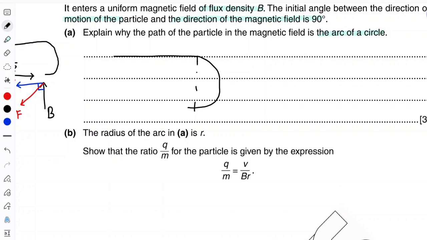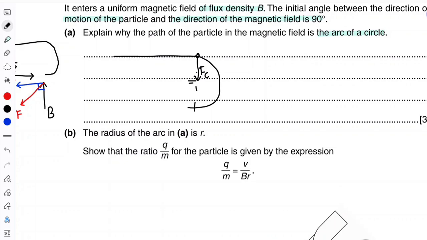There will be a force on the particle that acts towards the center. Which force acts towards the center? That's the centripetal force. And which force is providing the centripetal force? The magnetic force, due to the magnetic field, is providing the centripetal force.